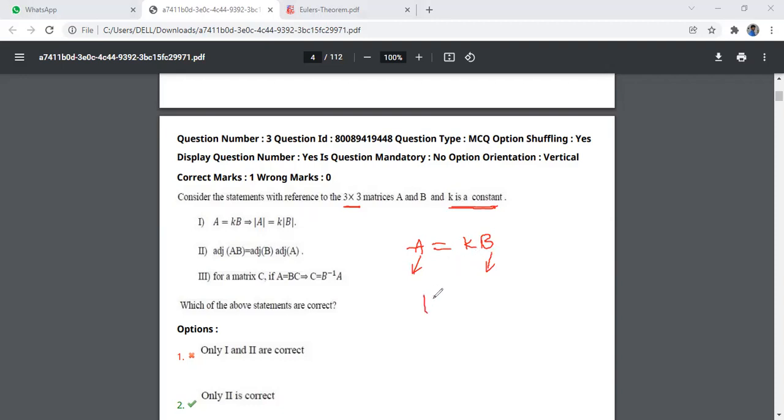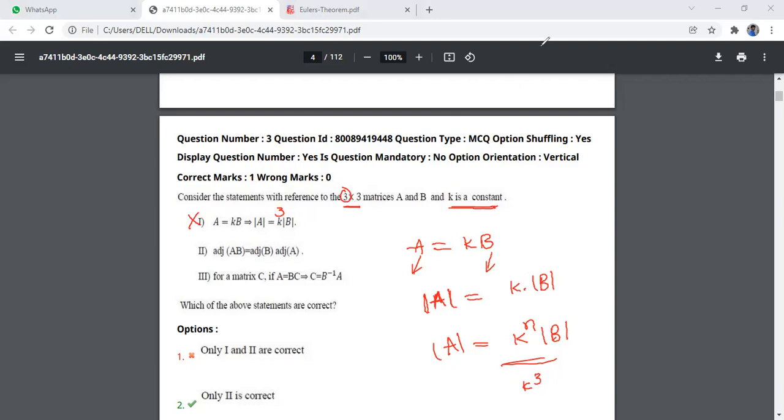Now if you find mod A, that means det A, they are saying it is K times det B. But actually, det A is equal to K power n times det B. That means if it is a 3 by 3 matrix, then we have to take K power 3. So here 3 should be there. So this is not the correct one.